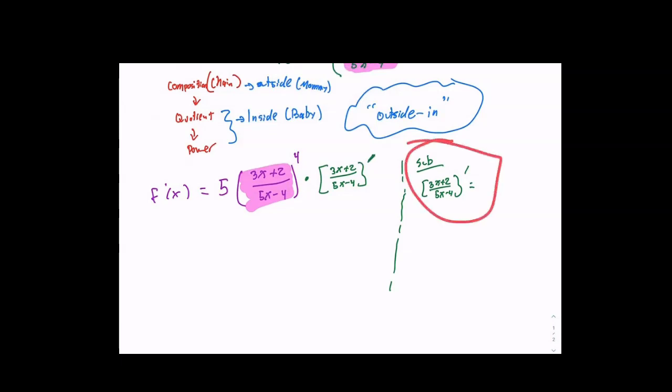We're over here. How are we going to differentiate this? What do we use? How do we differentiate this?